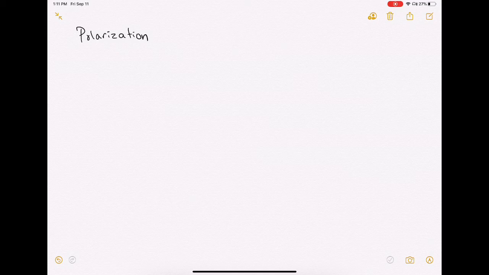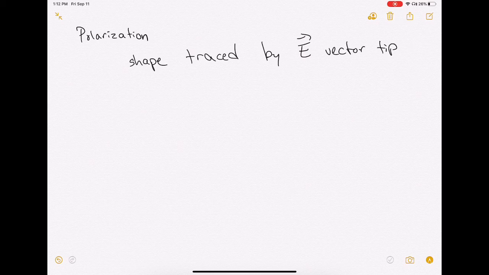The polarization of an electromagnetic wave is a way of describing the direction of the electric field vector. In general, polarization is described as the shape traced out by the electric field vector tip. And that is evaluated from the point of view of a person that the wave is propagating towards.